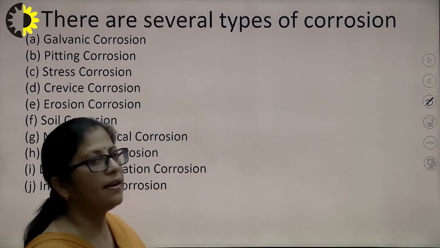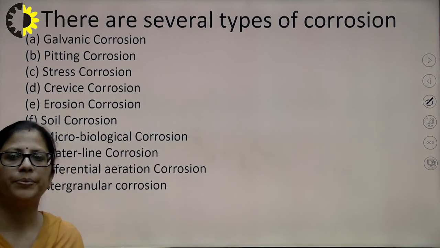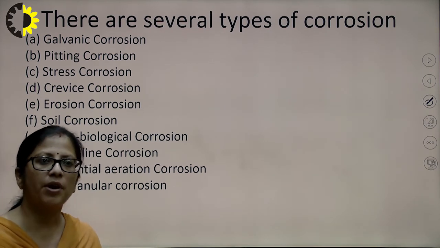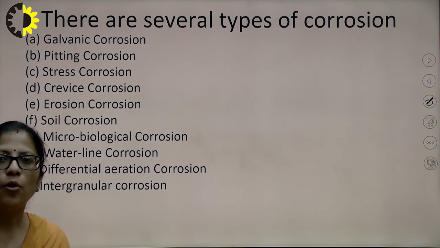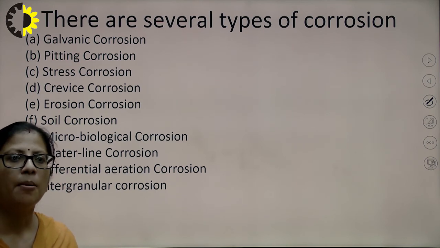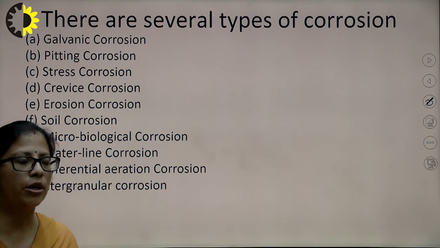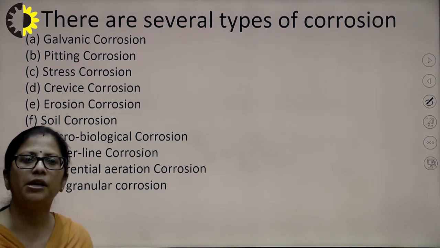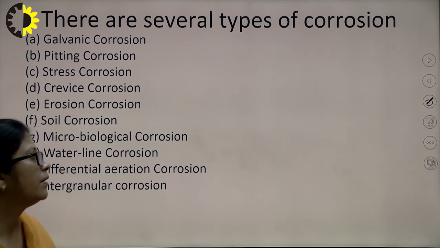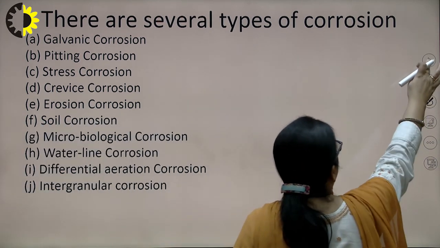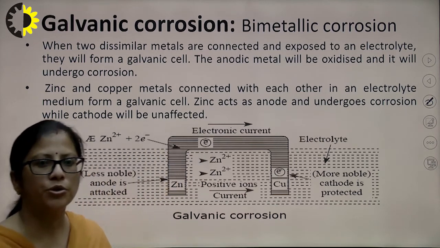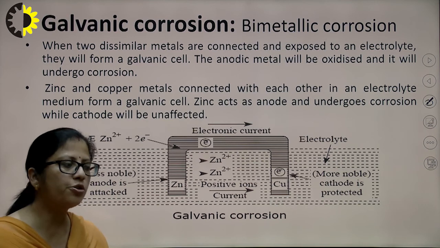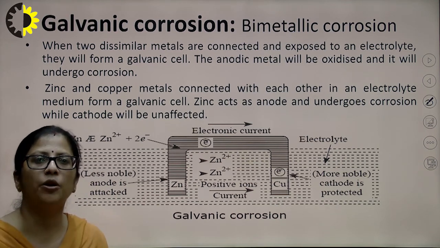Now, there are several types of corrosion: galvanic corrosion, pitting corrosion, stress, crevice, erosion corrosion, soil corrosion, microbiological corrosion, waterline corrosion, differential aeration corrosion and intergranular corrosion. Depending upon the different conditions, there are different corrosions. Coming first to galvanic corrosion, which is also known as bimetallic corrosion.